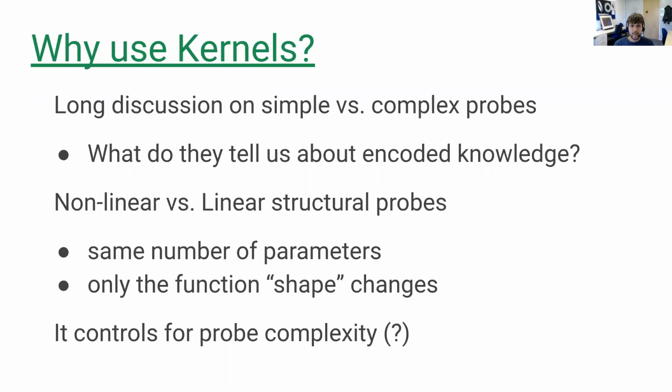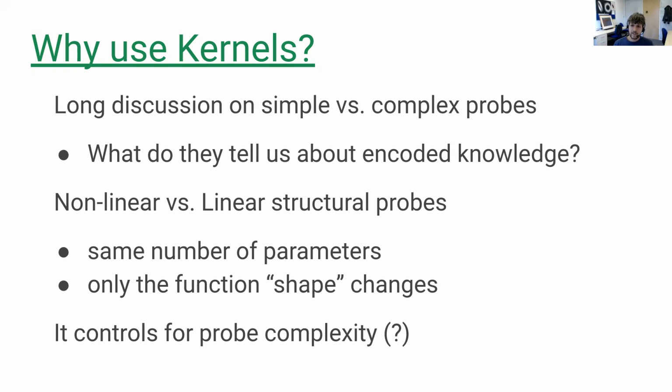So let's discuss why to use kernels in the first place. There's a long discussion on simple versus complex probes, what exactly they tell us about encoded knowledge, what is just learned by the probes themselves, what is actually being represented by the representations themselves.